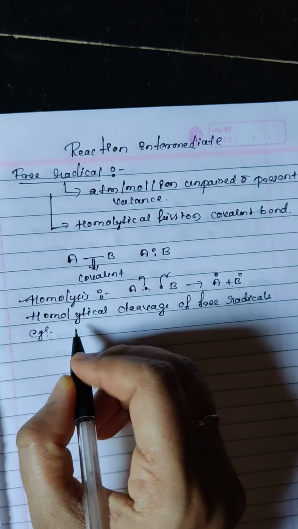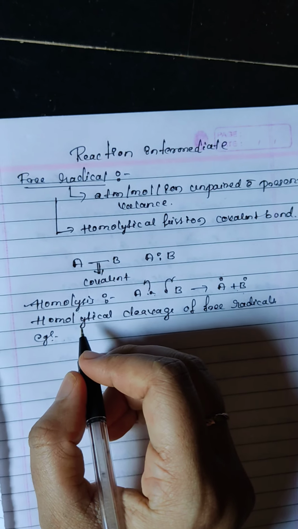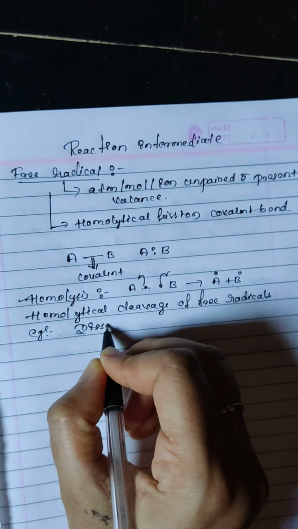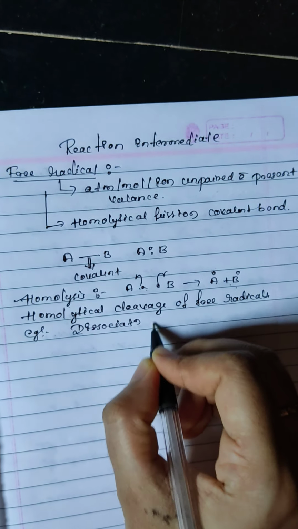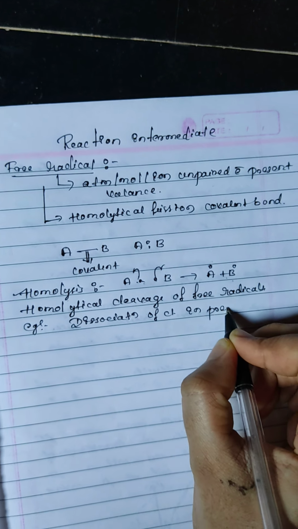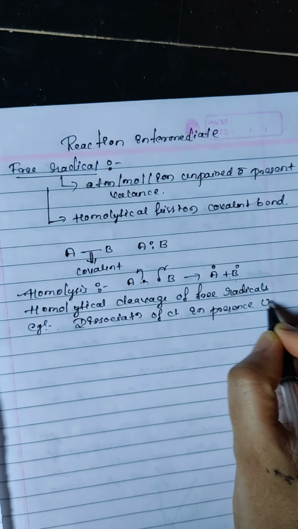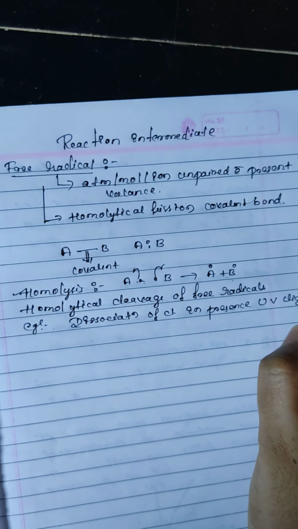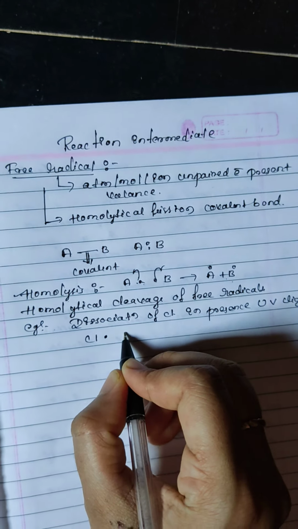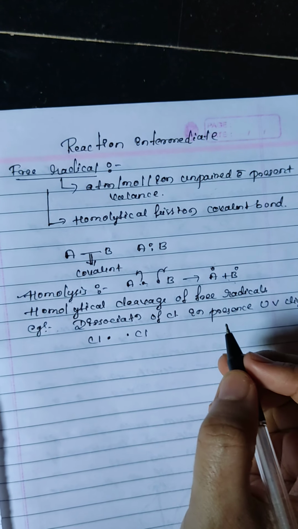Example: dissociation of chlorine in the presence of UV light. This is a chlorine molecule, where the two free radicals are attached.